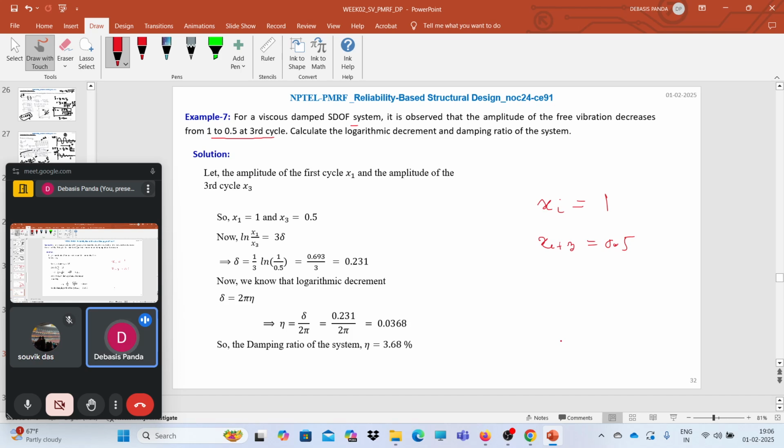Now calculate the logarithmic decrement and damping ratio of the system. Now damping ratio, what I just discussed, we can calculate the damping ratio from the displacement response also if the number of cycles and the peak amplitude are known. So x1 is nothing but the first peak amplitude is 1. X3 after 3 cycles is nothing but 0.5.